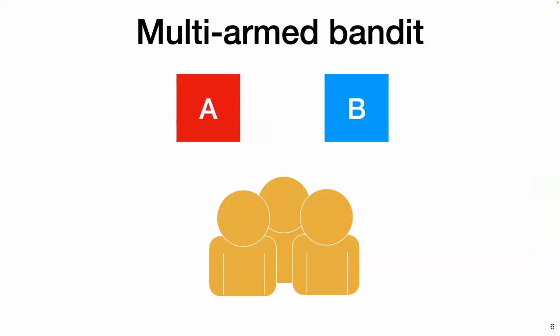If you are a gambler at the casino and there are two or multiple slot machine options in front of you, you have no idea which option is good, right? Your budget is also normally limited, so you can't explore the entire set of slot machines in the casino. You have to balance between searching for a seemingly good one and exploiting the seemingly good one. So balancing exploration and exploitation is key here, and I think that's true for a wide range of animal behavior problems.